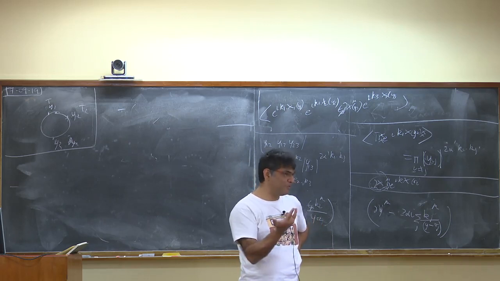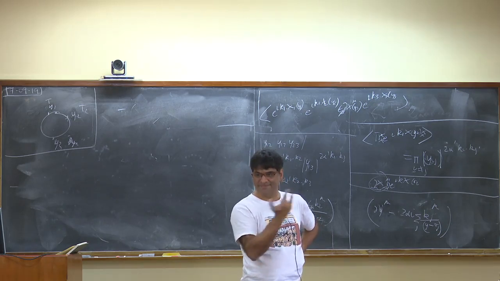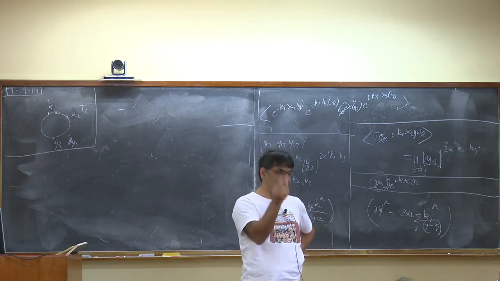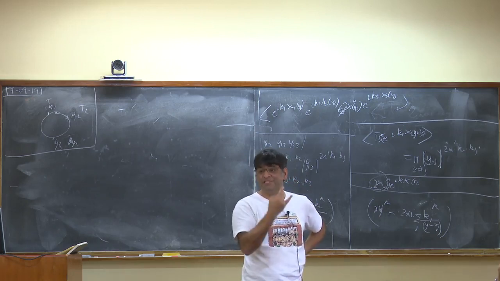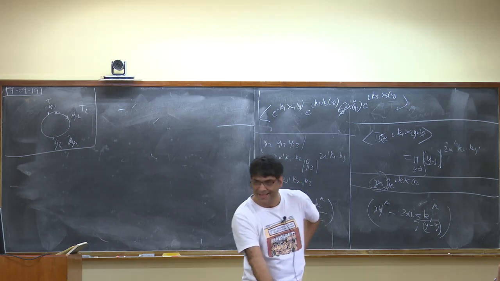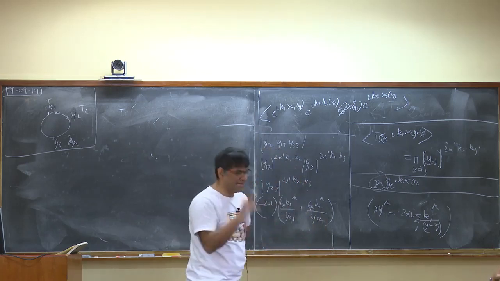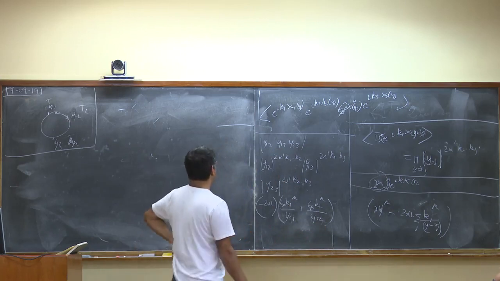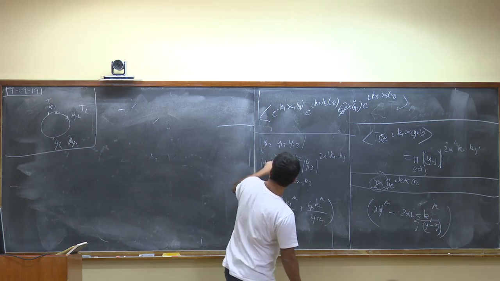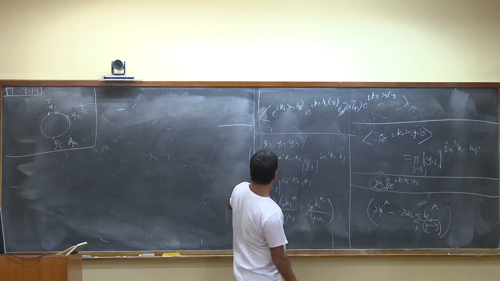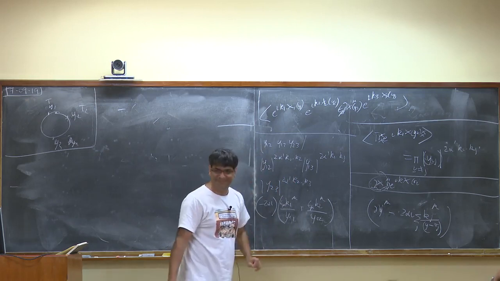So k1 squared was minus 1 by alpha prime, so minus k1 squared is 1 by alpha prime. So we're going to get minus 1 because of the half. This will basically just be left with a factor of 2 with a minus 2.